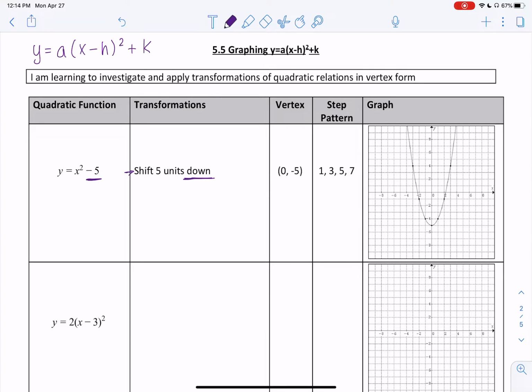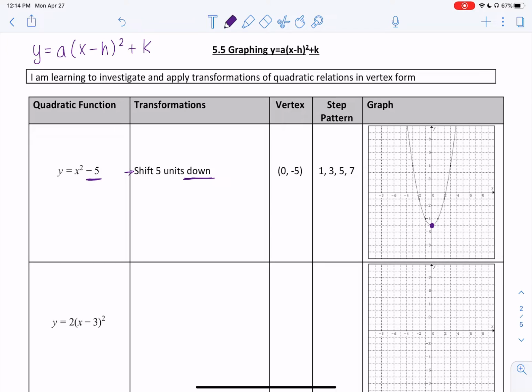Now, if my vertex was originally at (0, 0), and it's been shifted 5 units down, that's the only transformation that's happened, so my vertex should be living down here at (0, -5). Now we need to address our step pattern. I first start by finding my vertex. It's going to be down at (0, -5), so I can graph that part quickly. There it is.